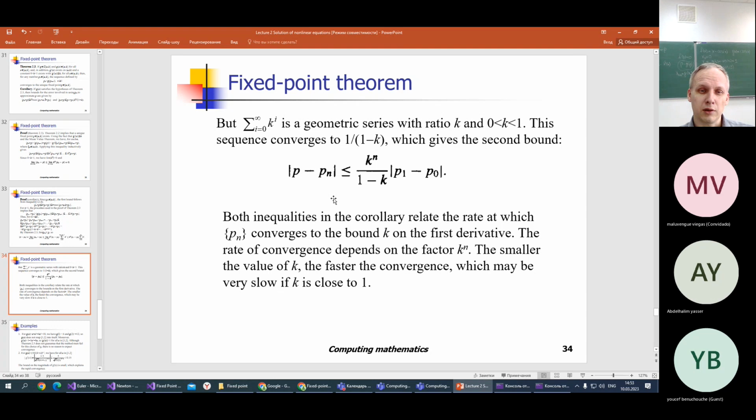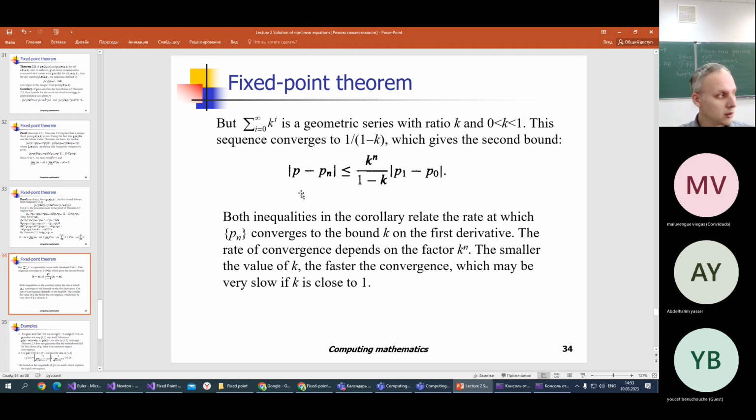Both inequalities in the corollary relate the rate at which Pn converges to the bound k of the first derivative. And here, the rate of convergence depends on the factor k power n.